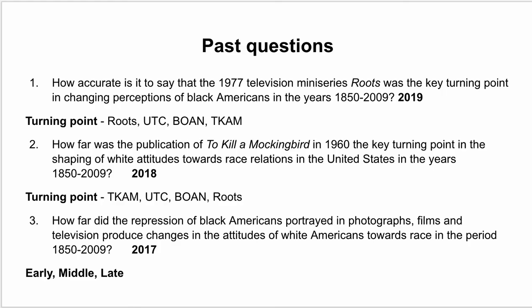So I would suggest doing it early, middle, late: 1850 to 1900 in one paragraph, then 1900 to 1950 or 1960 as your second paragraph, and then the later period as another paragraph. You could break down the repression of black Americans more thematically, but I think early, middle, late is probably the most straightforward approach, and talk about how things changed over time.